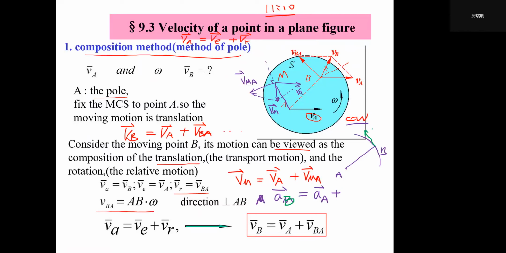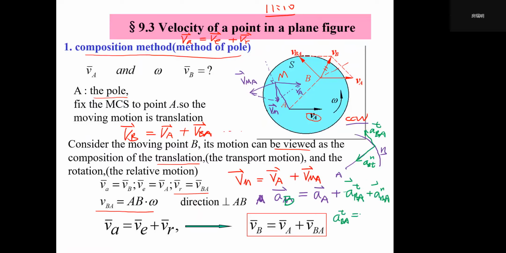The first one is ABAT along the tangent line. Another is ABAN. Why? Because point B around A has a relative movement along a fixed trajectory. So AB will equal AA plus ABAT plus ABAN, right?